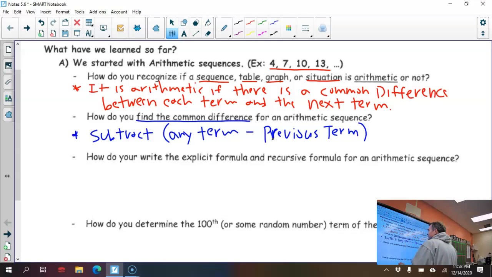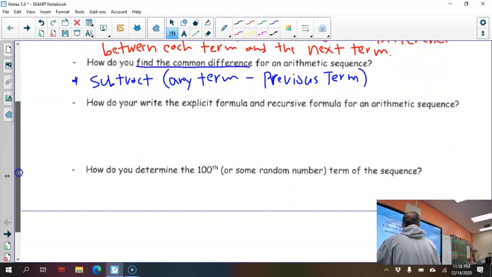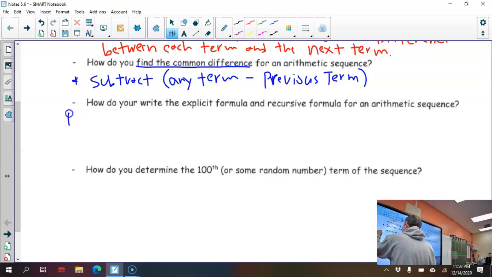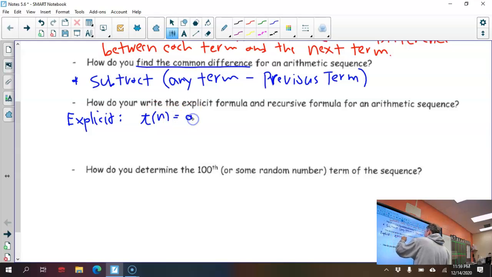How do you write the explicit formula and recursive formula? Okay, so first we're going to do explicit. The explicit formula is T of n equals A plus B times n. A equals the zero term.